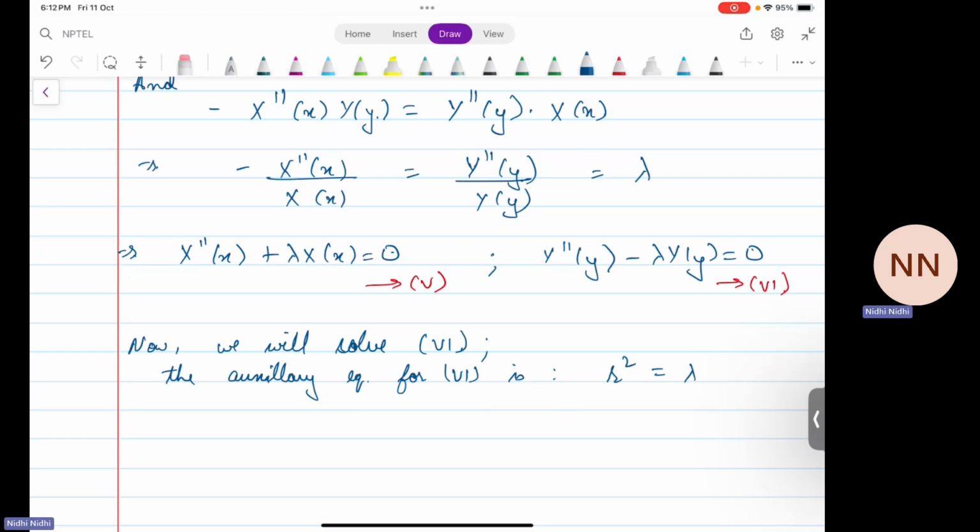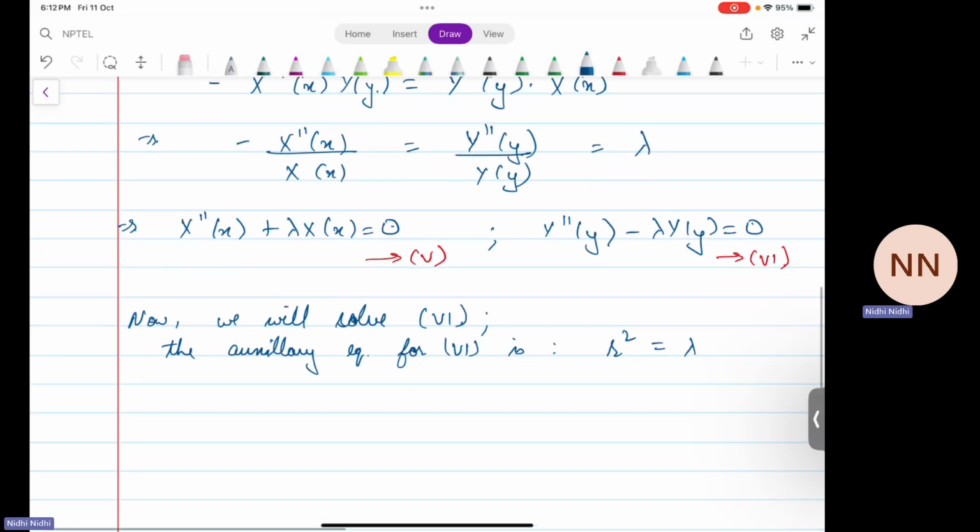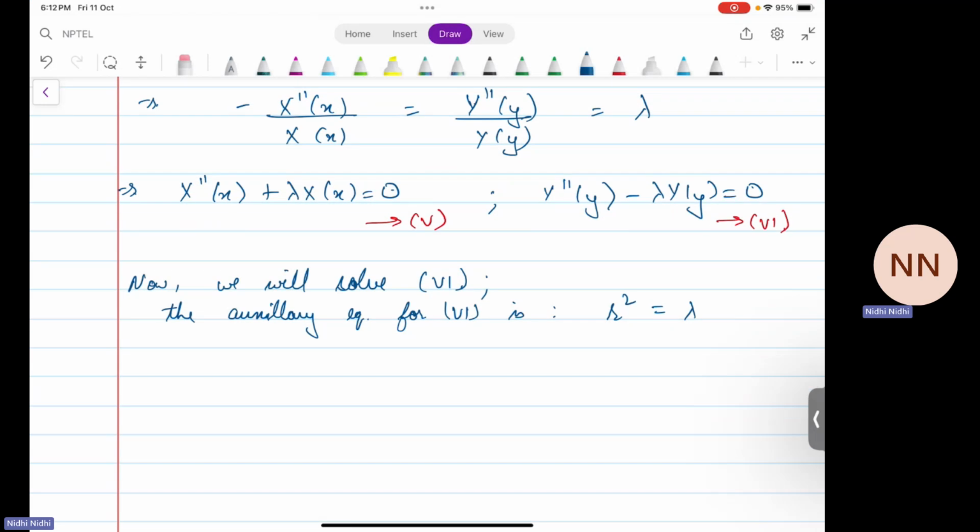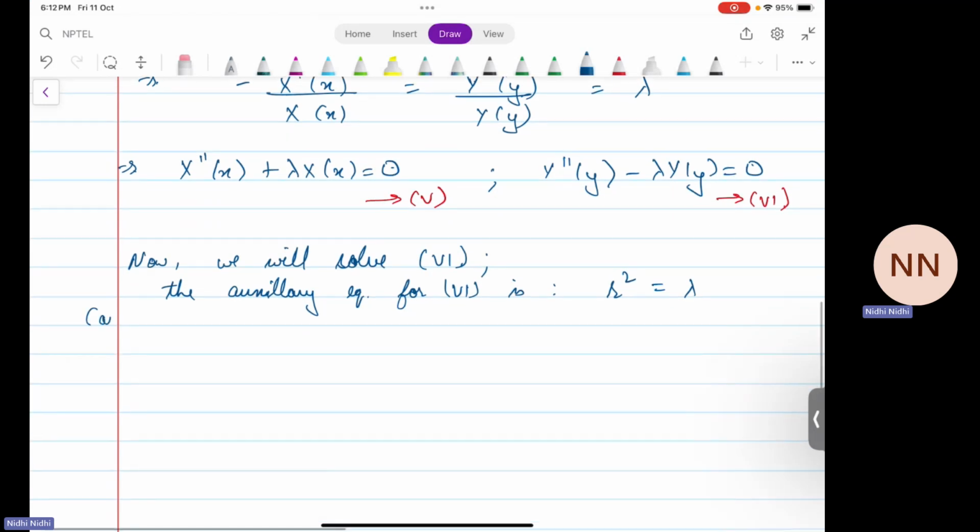So now we'll look at the various possibilities for lambda. Case 1, when lambda is 0. In that case, we will get y equals c1 plus c2.